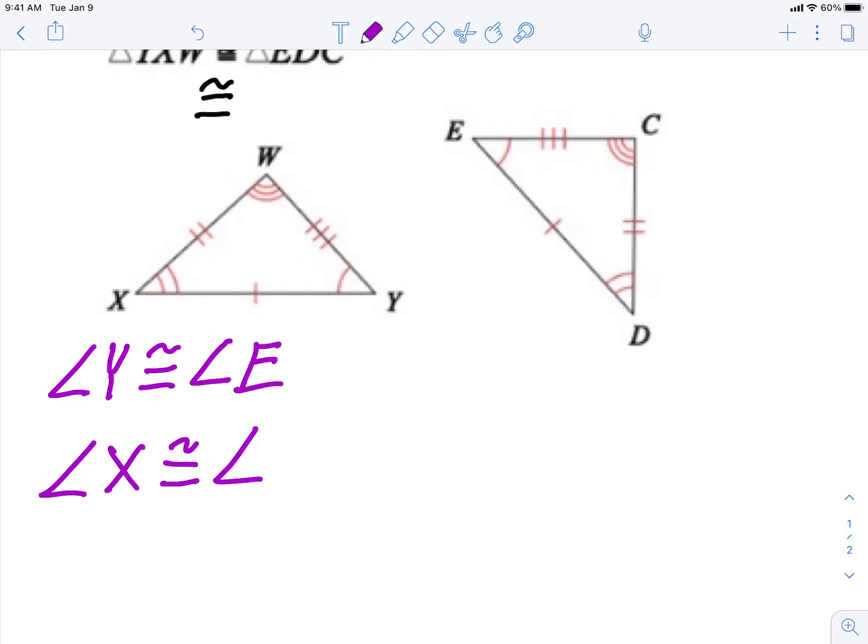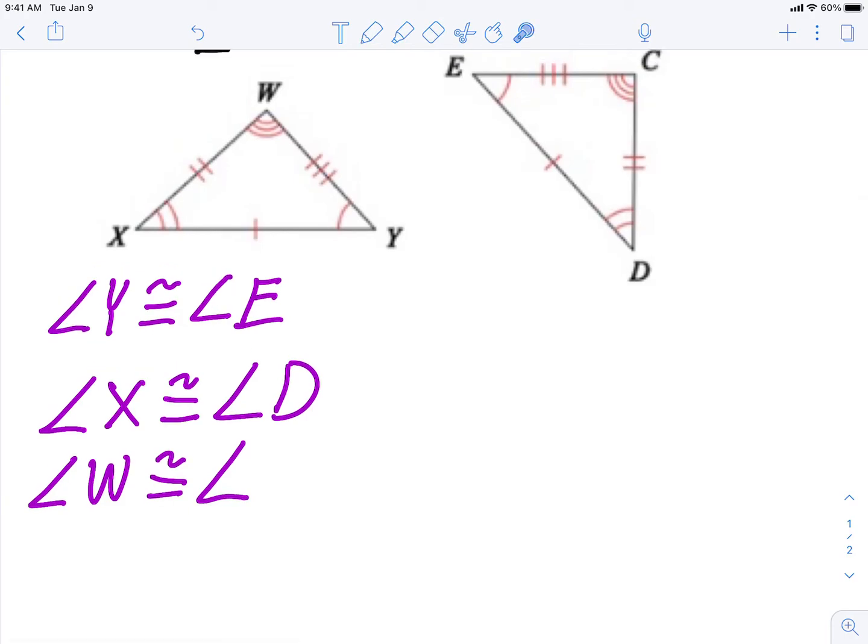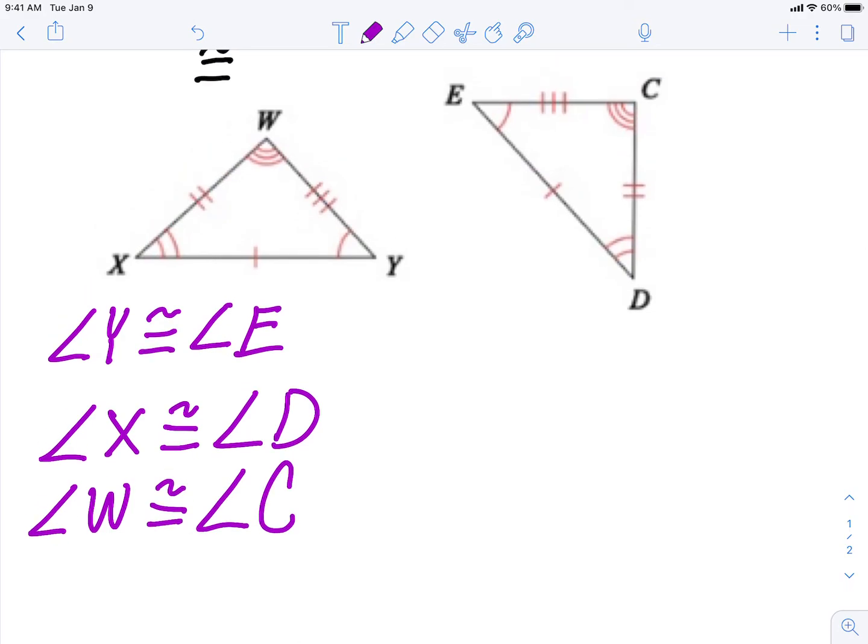D. Angle D. So we got single arch, double arch. Now let's do triple arch. Angle W is congruent to angle, well, three arches, here is C. Angle C.